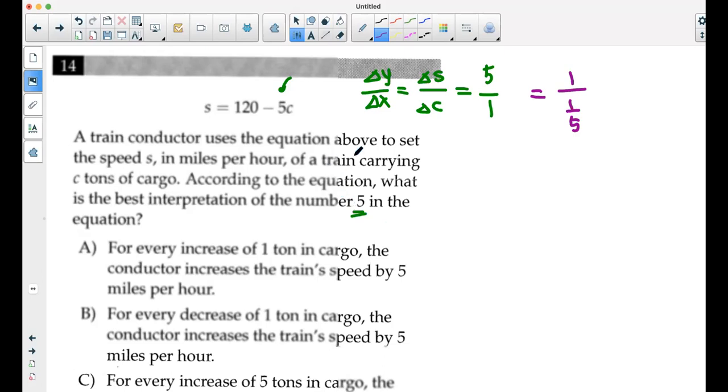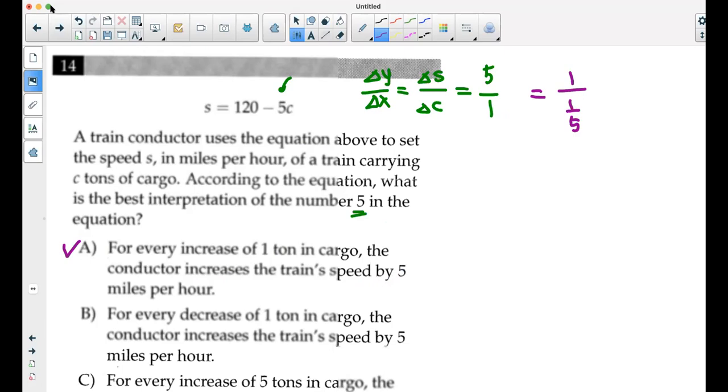So the ratio is simply 5 to 1, and they have to have the same sign, unfortunately. So for every increase of 1 ton of cargo, the conductor increases the train speed by 5 miles per hour. In fact, that is correct.